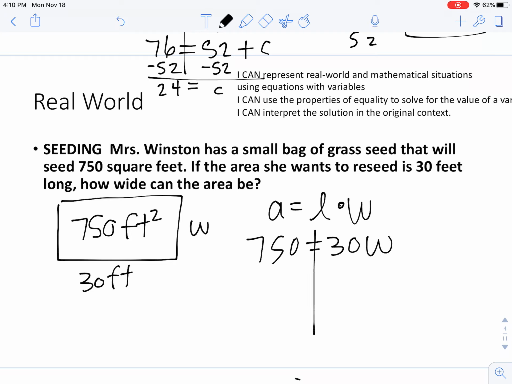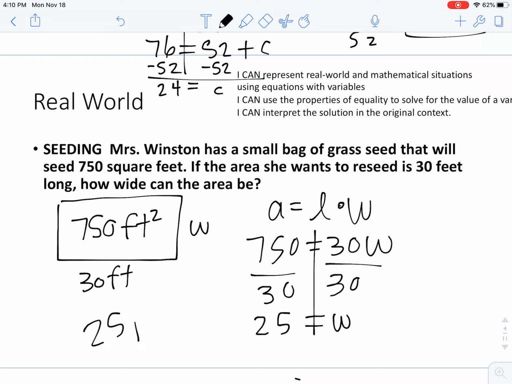I'm then just going to solve this like a normal equation, trying to get the width by itself, so I'm going to divide both sides by 30. I'm left with W equals, how many times does 30 go into 750? It goes in 25 times. So we know our width is 25 feet.